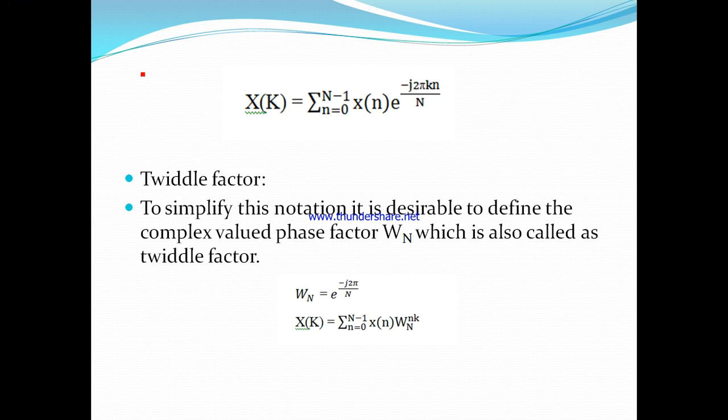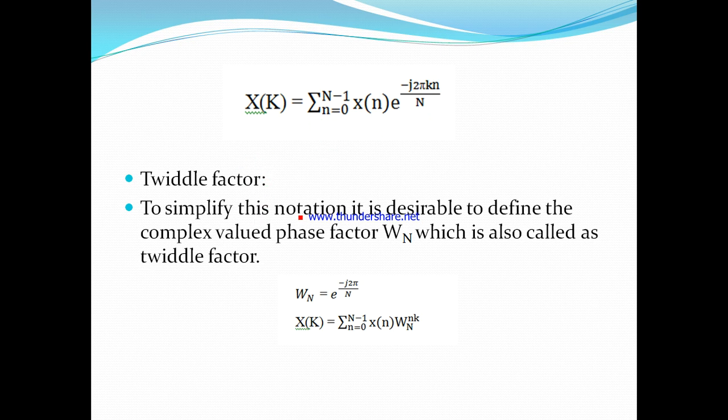Next, this is the formula for the Fourier transform: X of k equals sigma n equal to 0 to N minus 1, x of n into e power minus j 2 pi kn by N. In the fast Fourier transform, they introduce one twiddle factor.